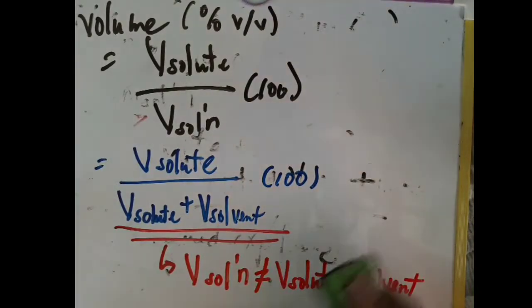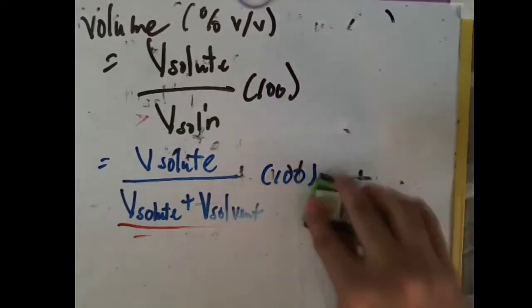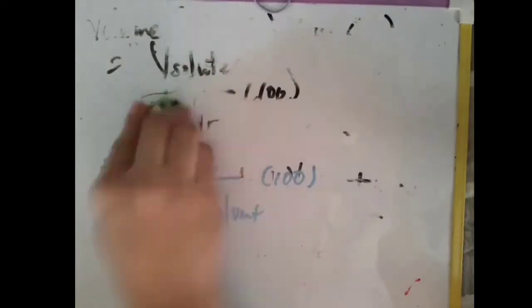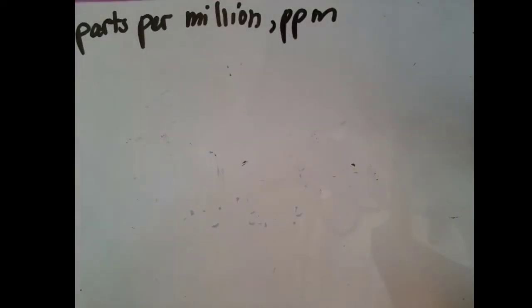So now let's proceed to our parts per million and parts per billion. Let us proceed with another unit of expression, which is parts per million, or simply ppm.